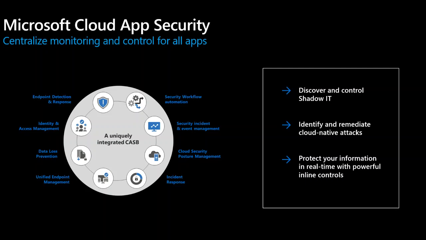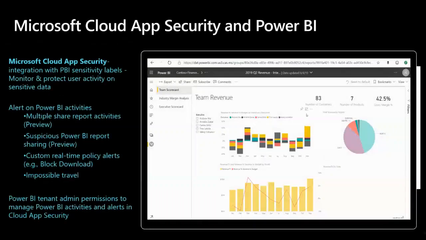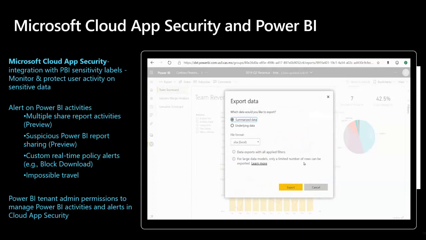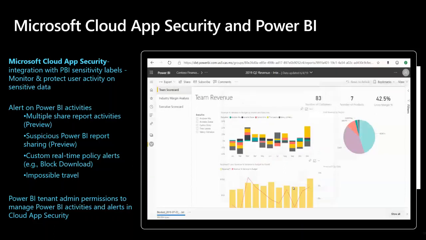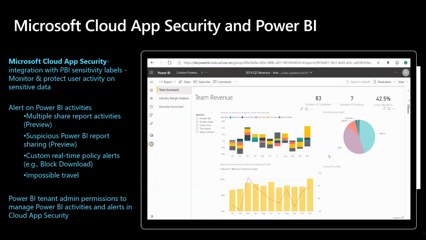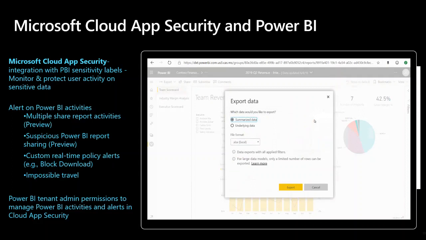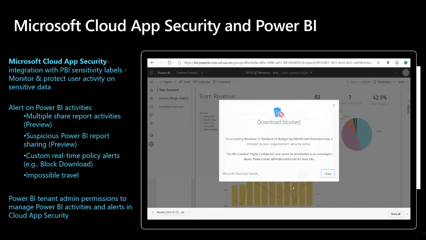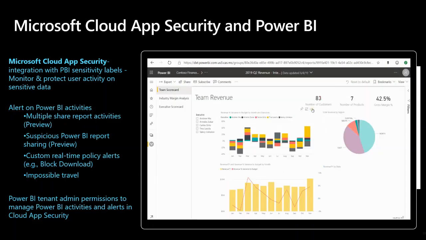But here are the things that are now available and worth calling out in Power BI. You can leverage Microsoft Cloud App Security real-time controls in order to monitor the sessions in real time. If a user connects to Power BI from an unmanaged device, one of the things that you can do is define policies that will prevent download of sensitive data to the unmanaged device.